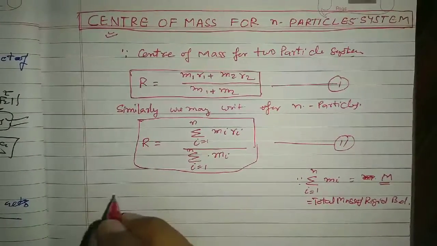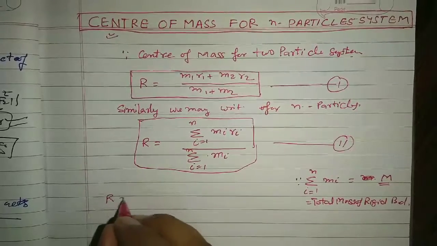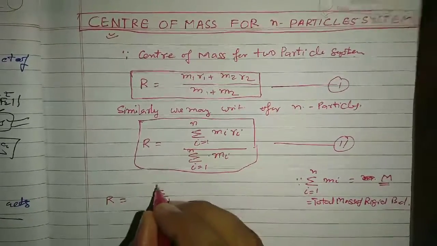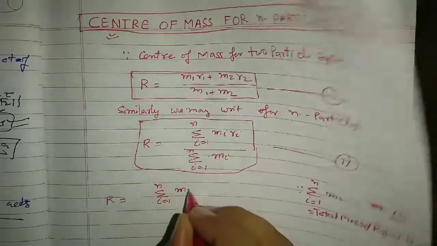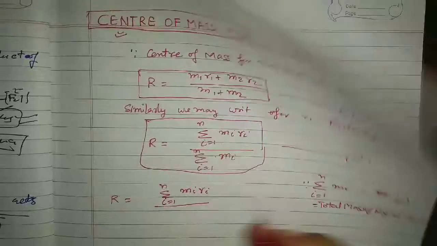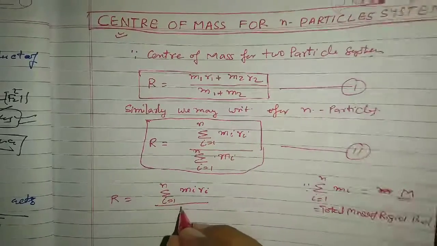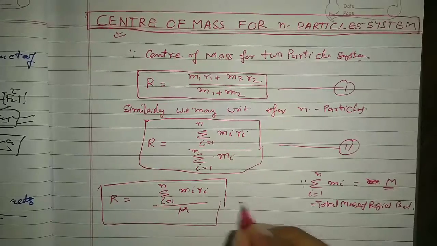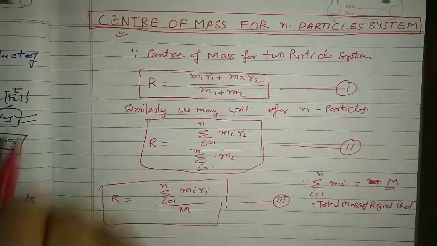In that condition, equation 2 can be written as R is equal to summation i is equal to 1 to n mi ri by capital M, and this equation we represent as equation number 3.